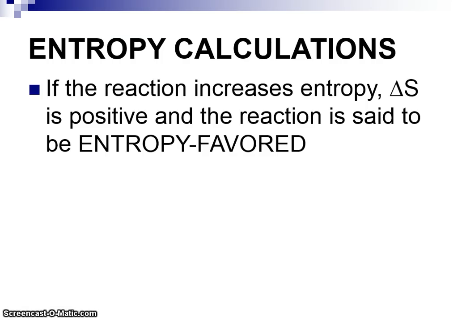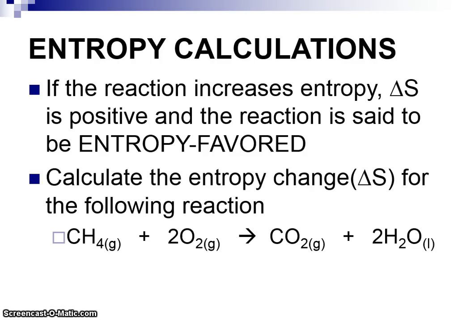In terms of entropy calculations, if the reaction increases in entropy, delta S is positive, and the reaction is said to be entropy favored. There'll be more on this in a minute. So it says calculate the entropy change, delta S, for the following reaction. It's the same thing that we did with enthalpy. And again, Gibbs free energy, which we're going to talk about in a minute, is exactly the same thing.